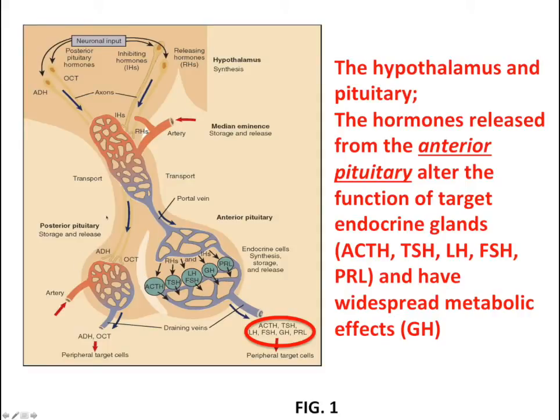Whereas with the posterior pituitary, you have hormones that are made up here and are just passed down and then released by the posterior pituitary. So the anterior pituitary is much more metabolically active than the posterior pituitary.